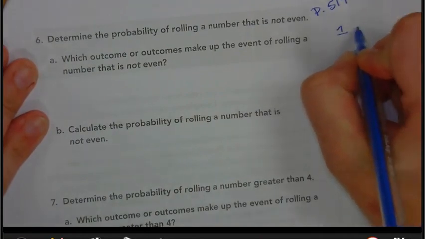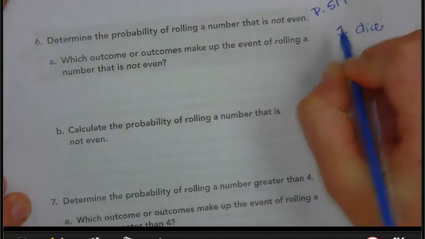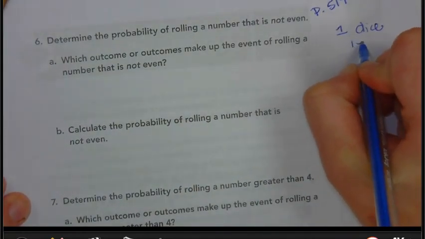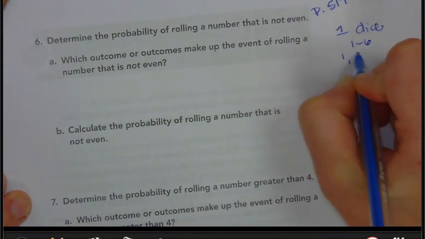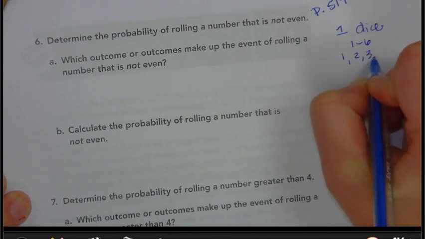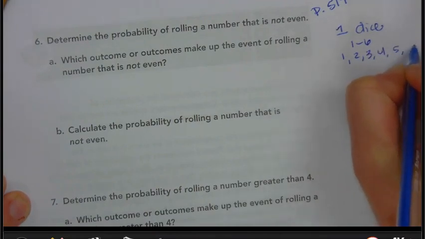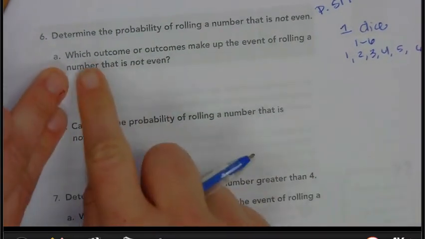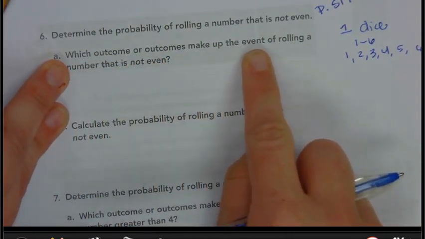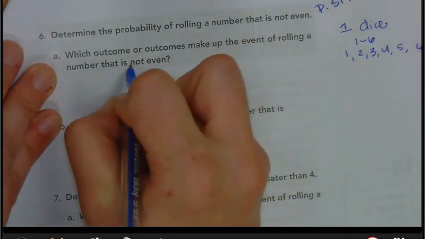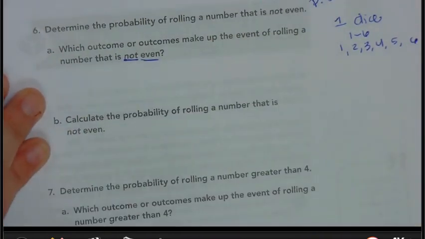So I'm going to roll 1 dice. And I know that my dice are numbers 1 through 6. All right. So out of those possible numbers, I could have 1, 2, 3, 4, 5, and 6. And my question is, which outcome or outcomes make up the event of rolling a number that is not even?